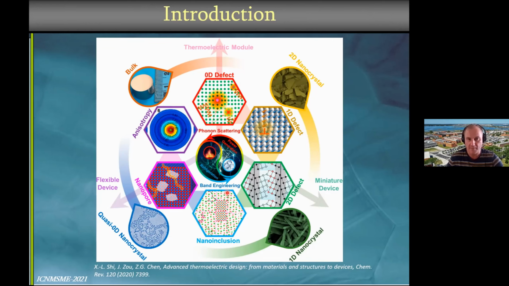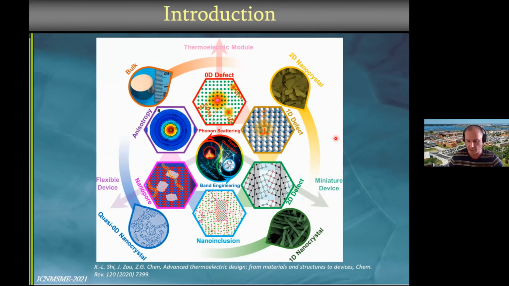Then we can involve dimensional design, like producing nanowires, nanocrystals, etc., thin films, superlattices, and finally some bulk material to further improve what we can get with this structural engineering. And finally, device design implies that we need different concepts of thermoelectric modules to get a reasonable output from the structural and dimensional design.